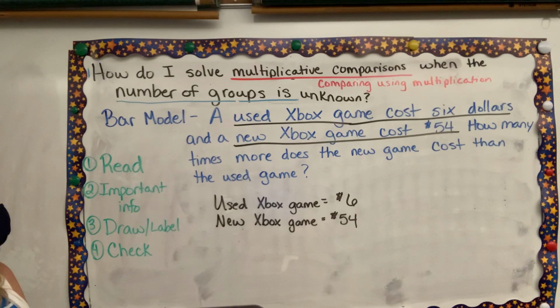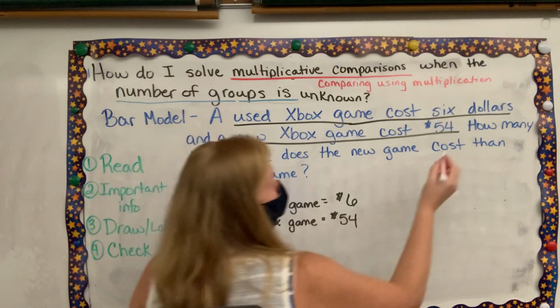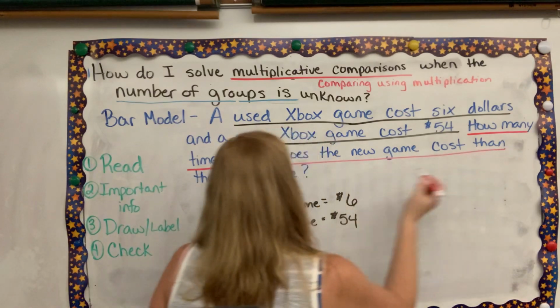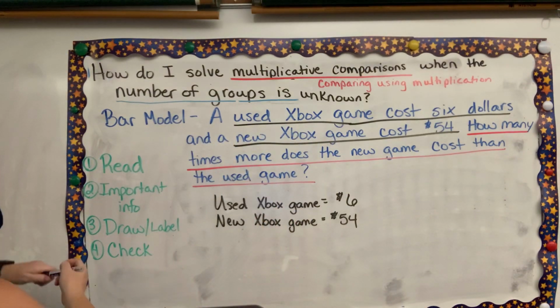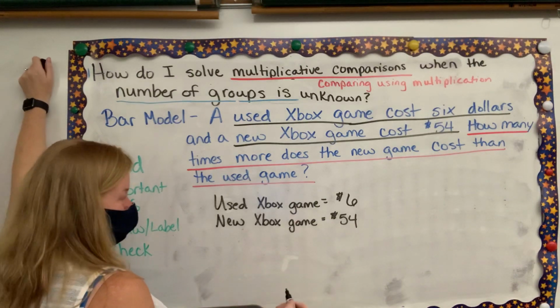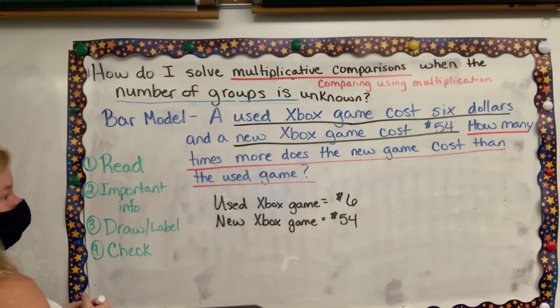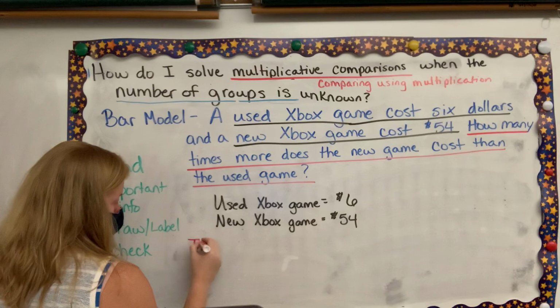Danelli. We're trying to figure out how many times more does the new game cost than the used game. Can you restate that for me, Danelli? You're absolutely right. That's what I'm trying to figure out. Can you restate it for me? Mm-hmm. 54, new game cost $54.